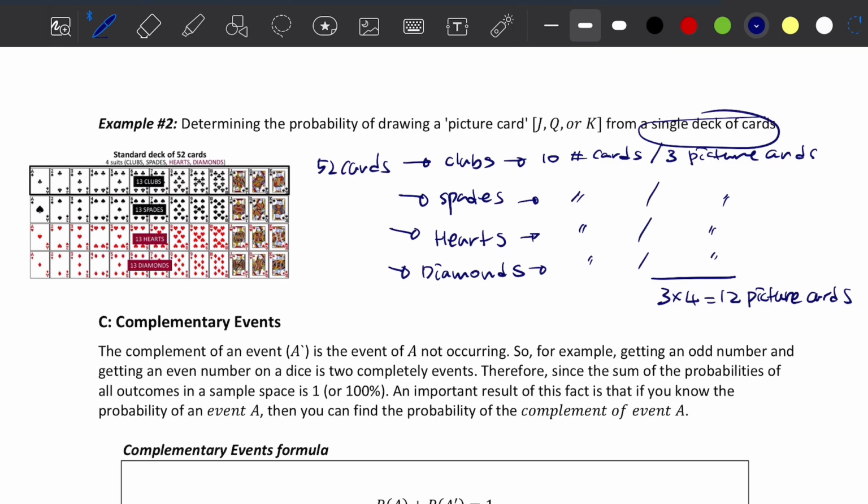So we can say that if A is drawing a picture card, then the probability of getting a picture card is the same as 12 out of 52, because 12 is the number of picture cards in this stack, and 52 is the total number of cards. So we have a 3 out of 13 chance of getting a picture card.